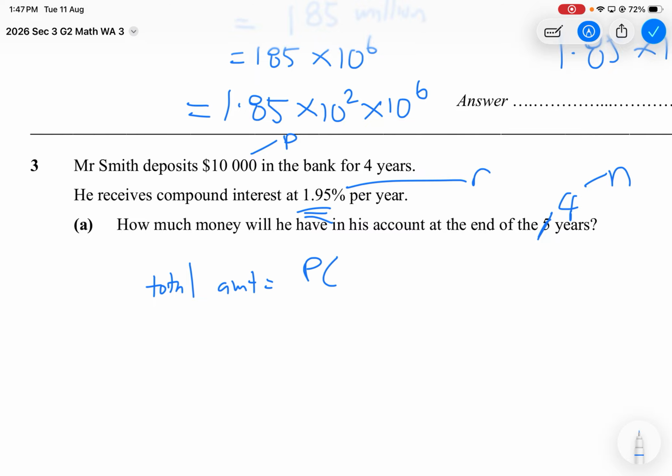Total amount P1 plus R over 100 given to you on the first page. Then you just put the numbers in only. Put the numbers in, you get your answer already.